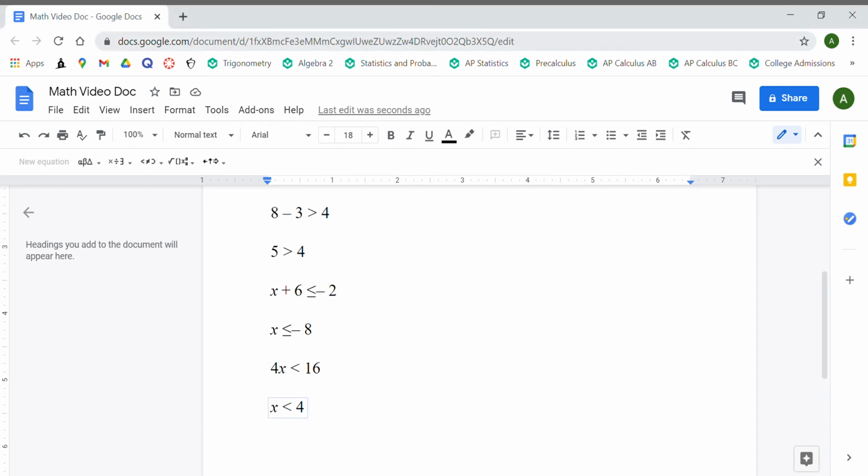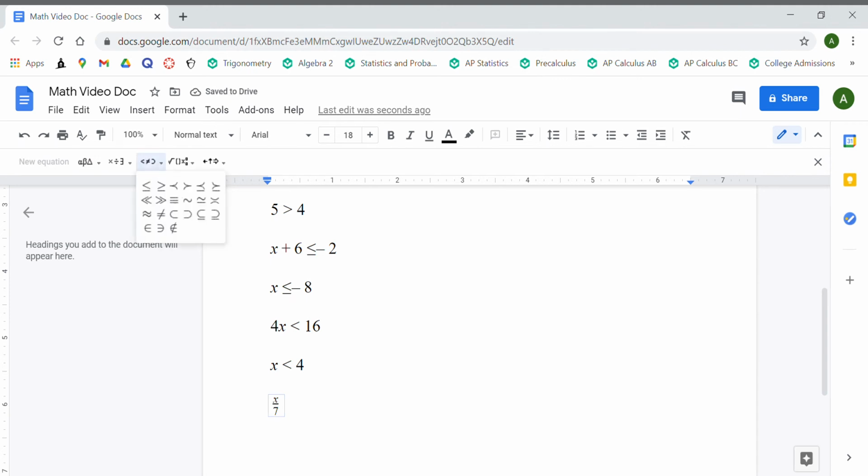Now why don't you try it using multiplication. So here's your inequality: x divided by 7 is greater than 5.